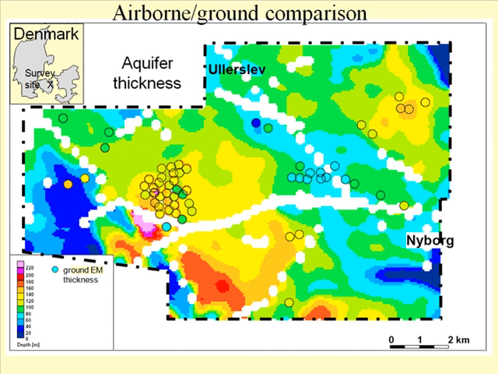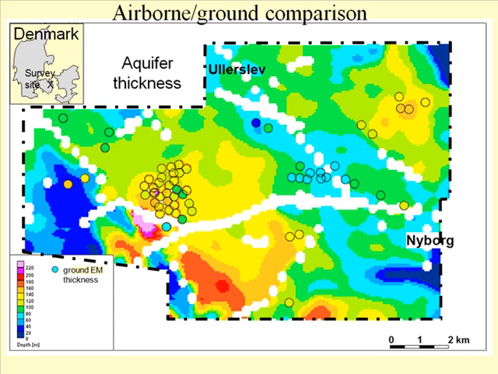So this is an airborne electromagnetic survey that was used to acquire this data, and it was acquired in about 2 or 3 days. The thicknesses of the aquifer, as estimated from the airborne survey, were checked against the thicknesses determined from a ground survey, and there's very good agreement.